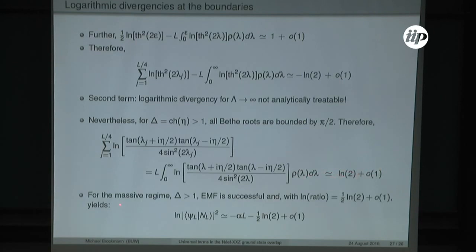Together with the log ratio from the Fredholm determinants, you get 1/2 log 2 minus log 2. So the log overlap squared is the extensive part minus 1/2 log 2.